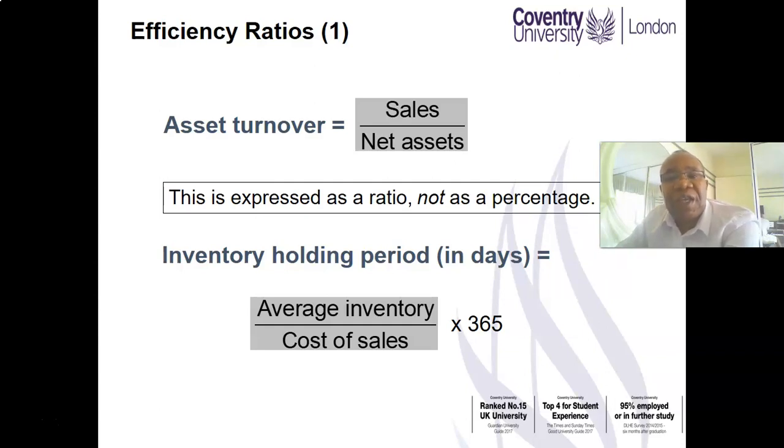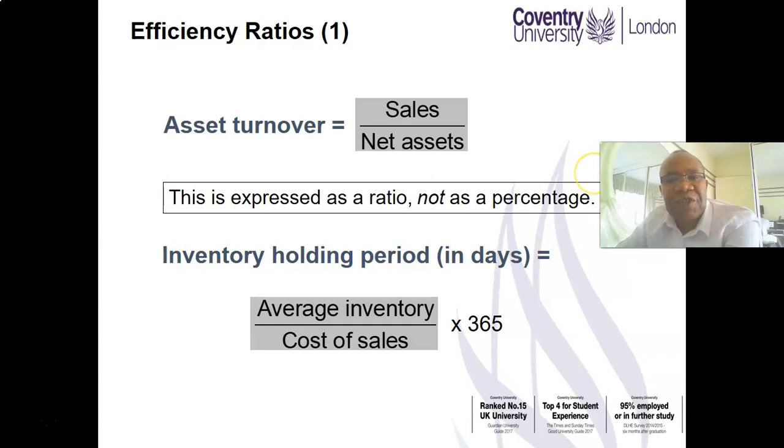Or it could be that there is a huge amount of intangible assets that has been valued, which may have increased the amount of assets, the denominator, thereby reducing the ratio. Again, by calculating this ratio, there is a trigger for further investigation to find out why the ratio has fallen, whether the assets are being efficiently turned over.